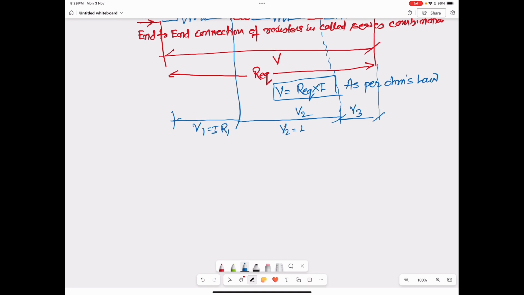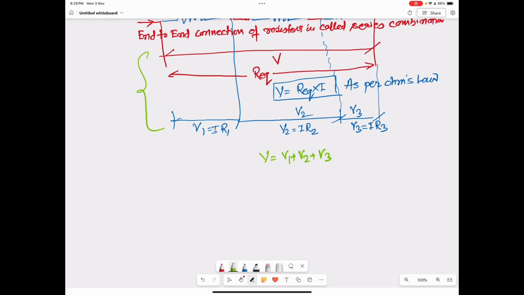V2 is nothing but I into R2. And V3 is nothing but I into R3. But you can see from this figure that V is nothing but V1 plus V2 plus V3.